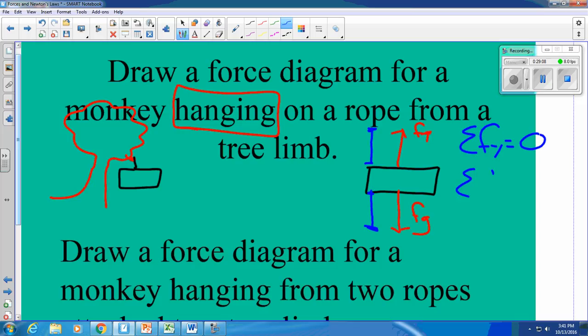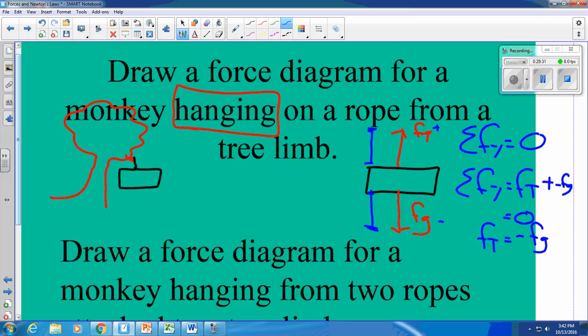So my total force in the y direction, force of tension plus, we'll call downwards negative for this problem, my negative force of gravity, we should get 0, which means my tension force must be equal and opposite to my gravitational force.